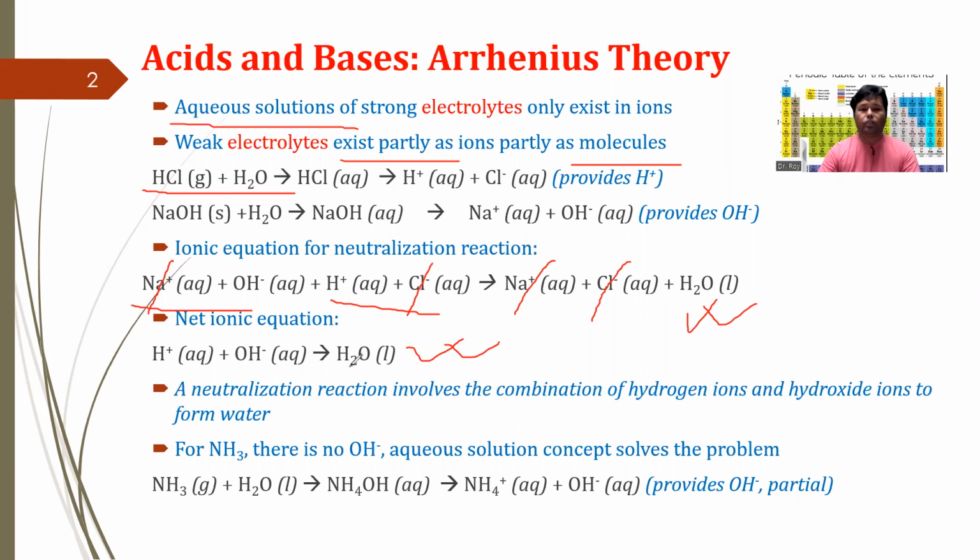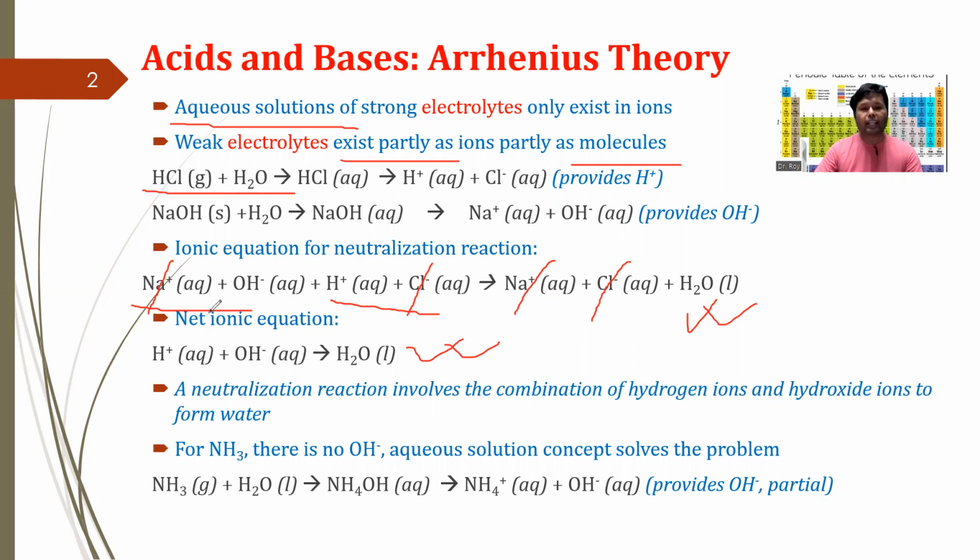So the reaction producing 1 mole of water by the reaction of acid and base is known as the neutralization reaction. A neutralization reaction involves a combination of hydrogen ions and hydroxide ions to form water. As mentioned, the hydrogen ion and OH minus ion form water, and the common sodium ion and common chloride ion can be cancelled out.